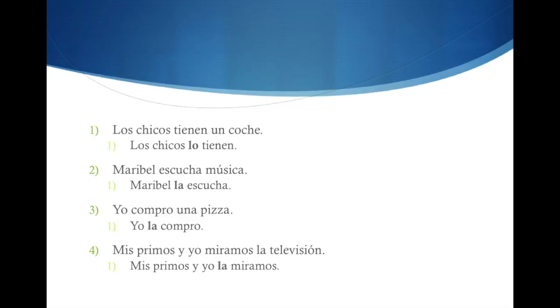We follow our rule of placing the direct object pronoun before the conjugated verb. Conjugated verb, pronoun. Conjugated verb, pronoun. Conjugated verb, pronoun. And conjugated verb, pronoun.